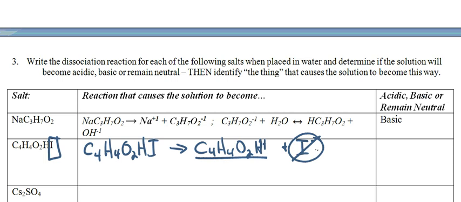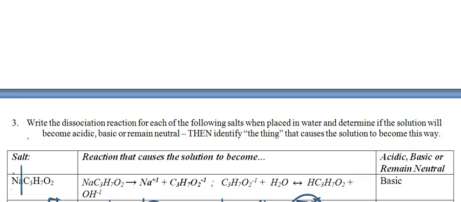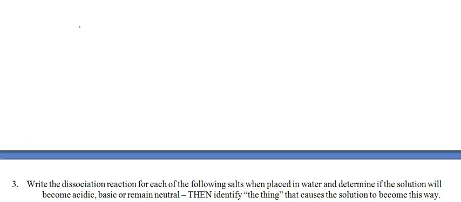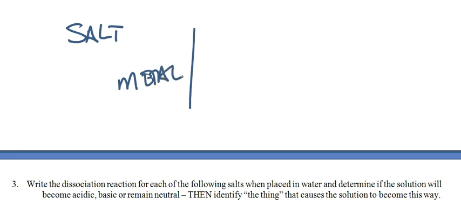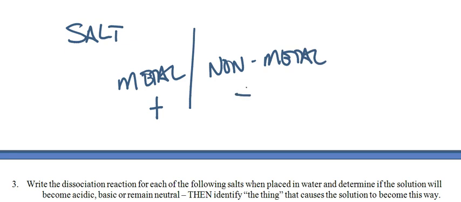So since the front end of every one of these salts, especially like this sodium C3H7O2, let me do that over here. The salt will be broken down into two parts. You will have your metal on this side, or your positively charged ion, and then you'll have your non-metal on this side, or your negative component.